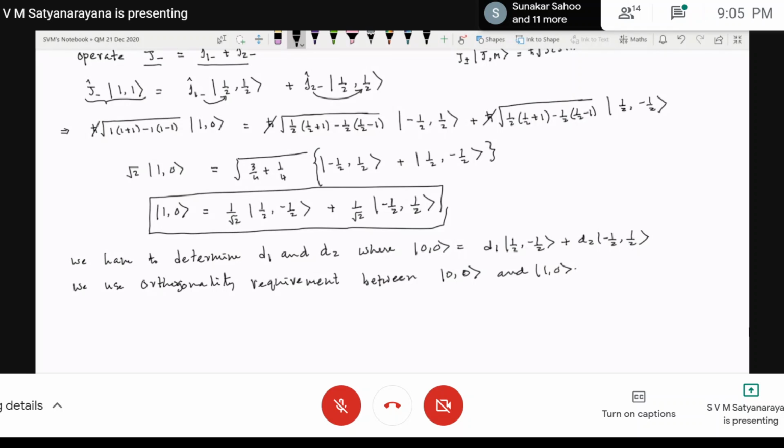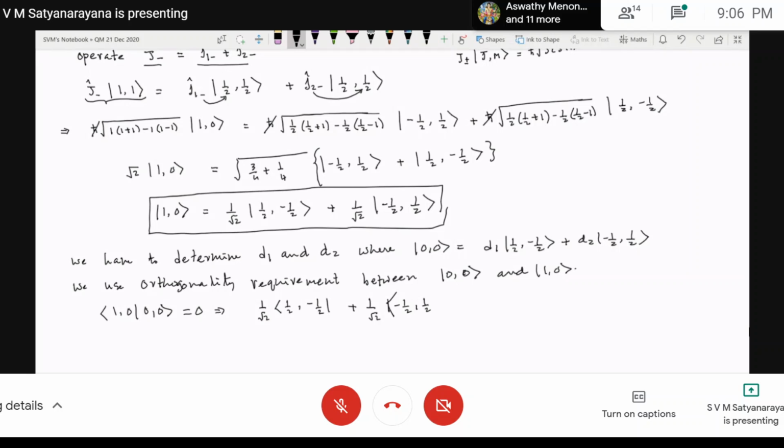That means we require <1,0|0,0> to be equal to 0. This implies I have 1 by root 2 <1/2, -1/2| plus 1 by root 2 <-1/2, 1/2|.